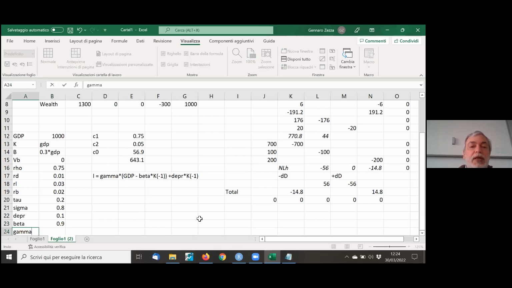Let's have gamma, which should be the speed of adjustment, equal to 25%. Again, I'm not sure that this is going to give us anything reasonable.